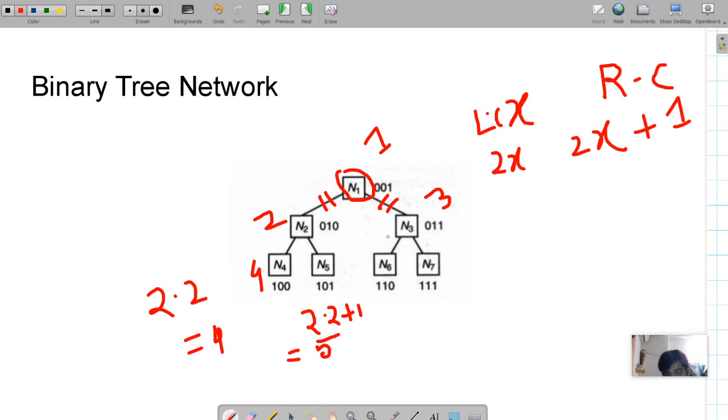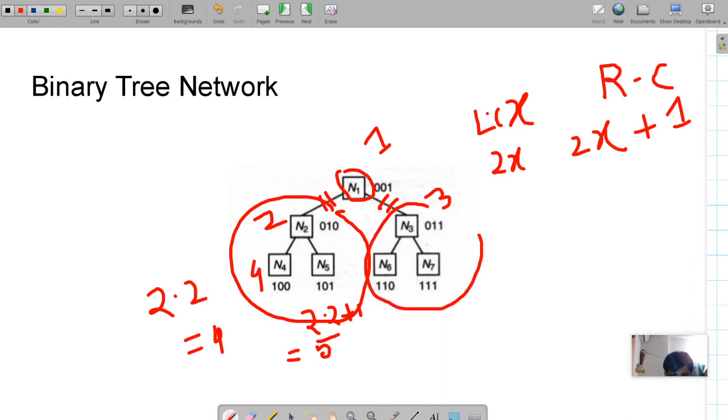Why? Because say right subtree and left subtree processors want to communicate with each other. In all the cases, the communications have to be done via these channels only. So you need higher bandwidth requirement here.